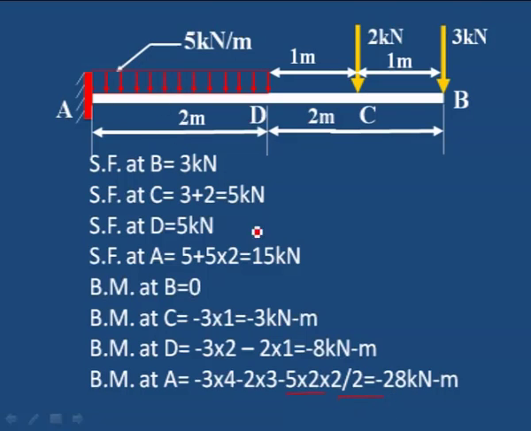This force into distance to A, this force into distance to A, and this force into distance to A: that is 3 into distance, 2 into distance, and 5 kilonewton per meter into 2 into distance 2 by 2. Like that we have to take the moment of all the forces about point A to calculate the bending moment at A. 28 kilonewton meter is the bending moment at A.